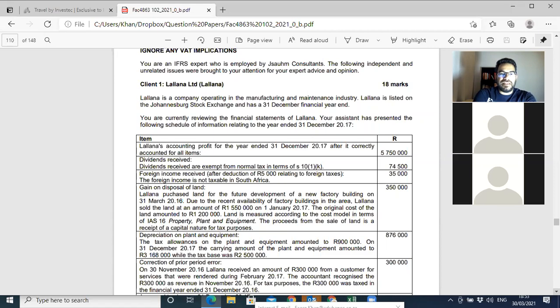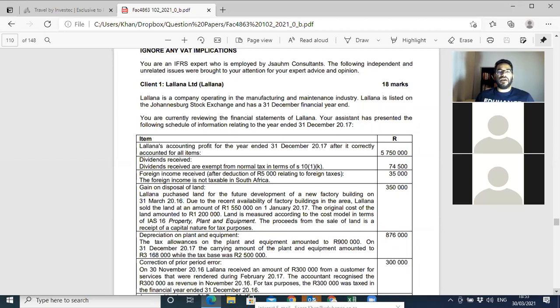So item, and then they have the item and then the rand value. So they say Lalana's accounting profit for the year ended 31 December 2017 after it correctly accounted for all items is 5,750,000 Rand. Now, what's important to take note, whether you highlight it, whether you remember it, is that that line item is correct. Okay, there's no adjustments you need to make.